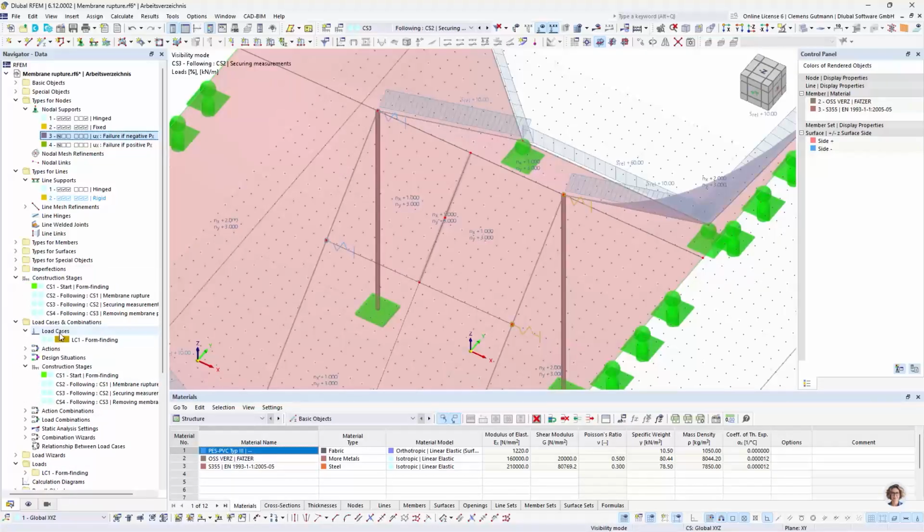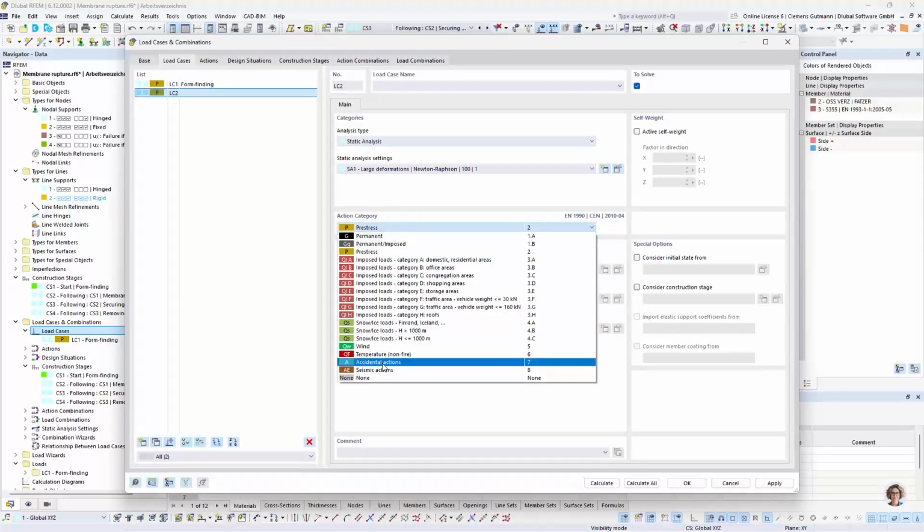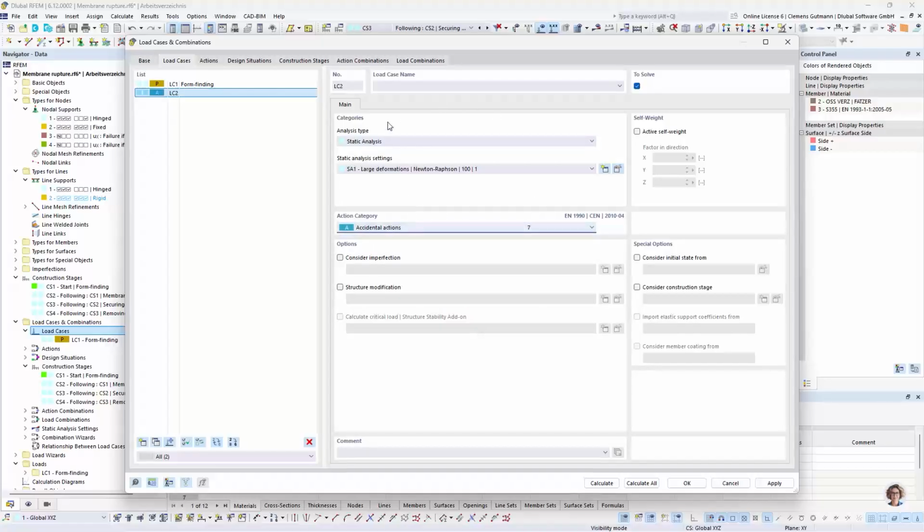Go to load cases and, let's take them as accidental actions. Let's have some construction workers.